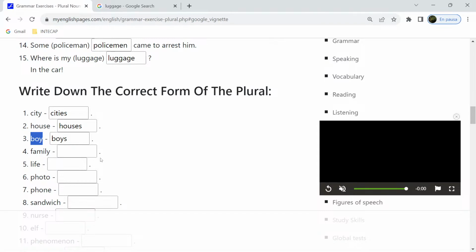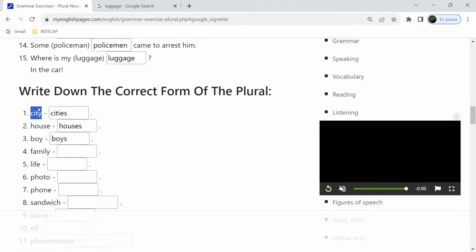When we have a word that has only one syllable, boy is one syllable. So because it has one syllable, I cannot apply the rule that we learned. It's different if I see city. City. Two syllables.